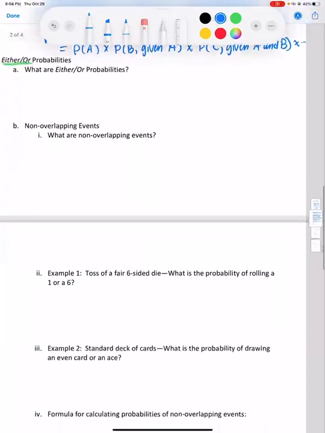Now this brings us to our next large category of probabilities. These are called either-or probabilities. So if one happens or the other, then we need to take that into account. How does that affect our probability? A definition: either-or probabilities are the probability that one or another event will occur.